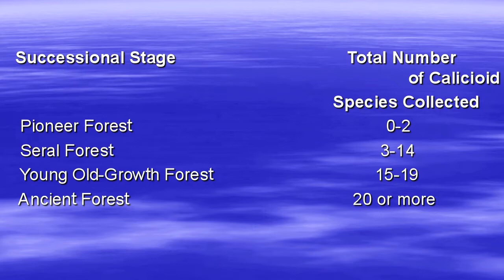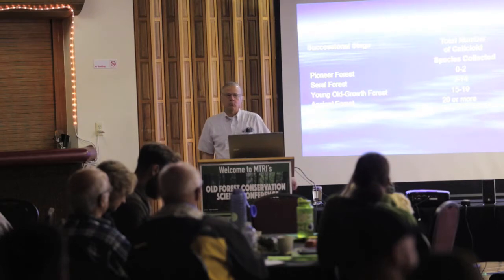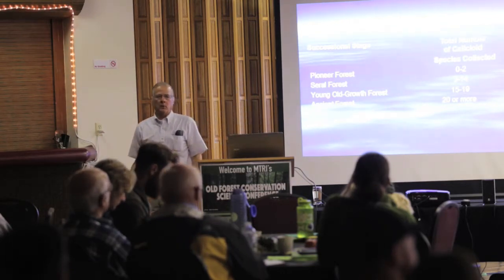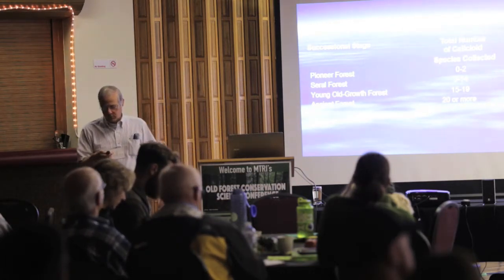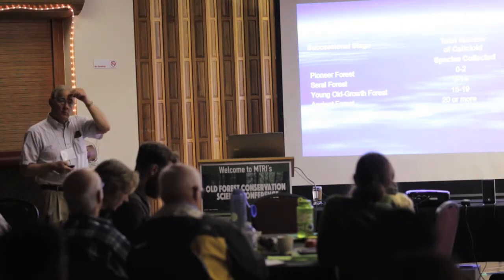So how many of these species would you find in the stand? So this is the ratio. It's a very young forest, you can find 0 to 2 species. And you go through seral stage forest, young old growth. Ancient forest is a term that some people use for the oldest of the old growth. So 20 or more species.